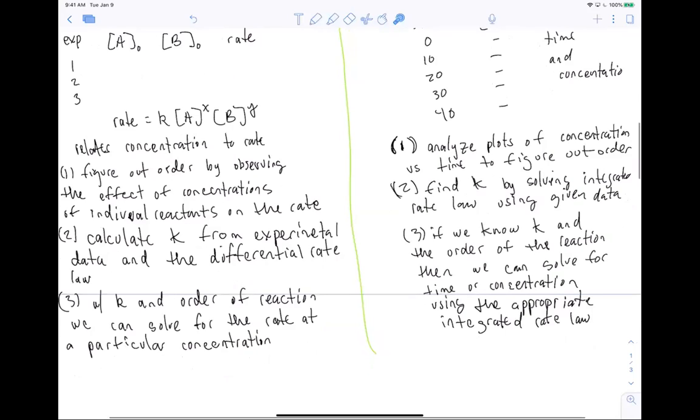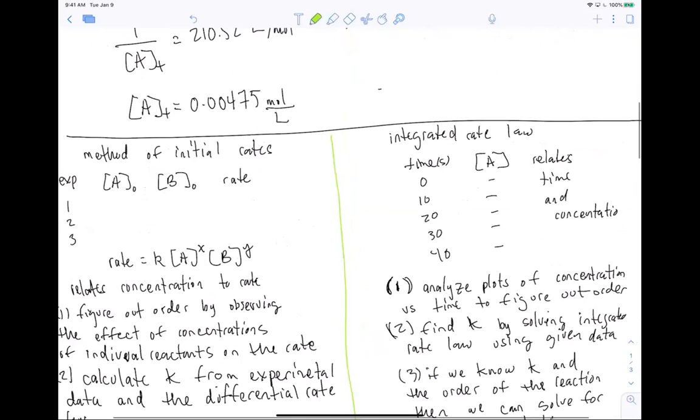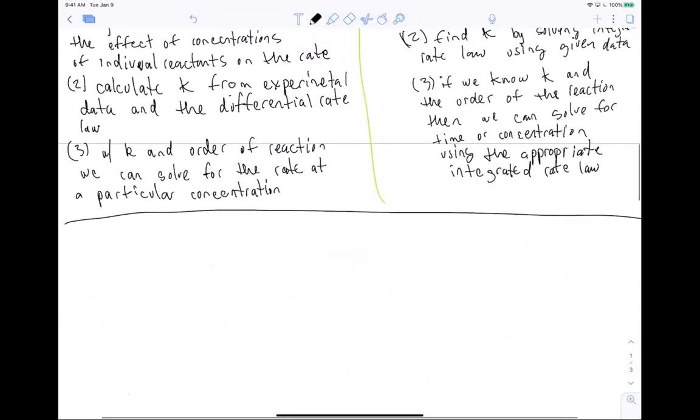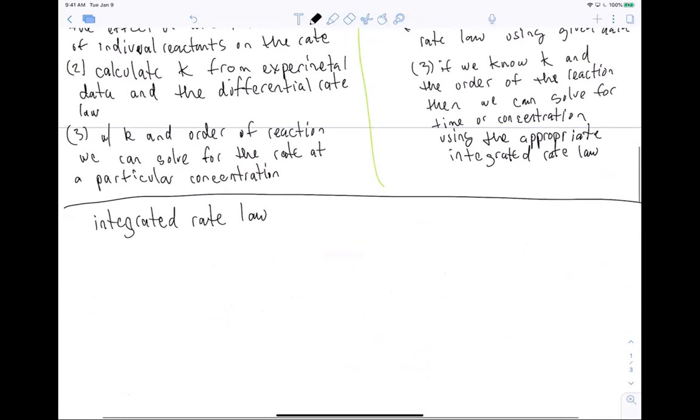In terms of figuring out K, for example, let's say you're looking at an integrated rate law problem. Let me pull some different data here.